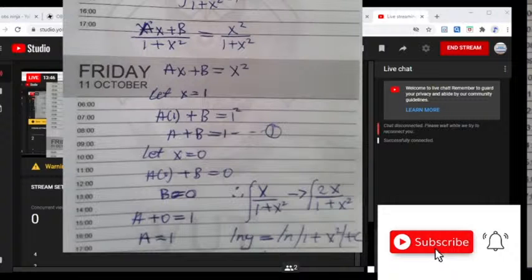Here we are now able to integrate, which gives us ln open bracket 1 plus x squared close bracket plus c. So this is our last answer.